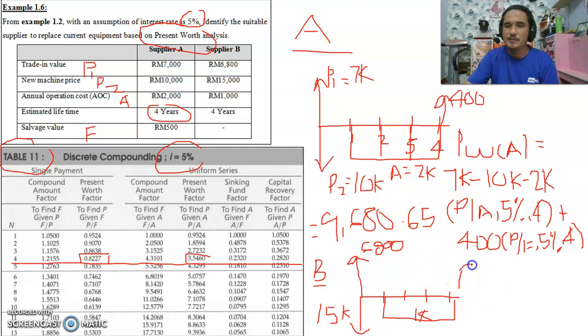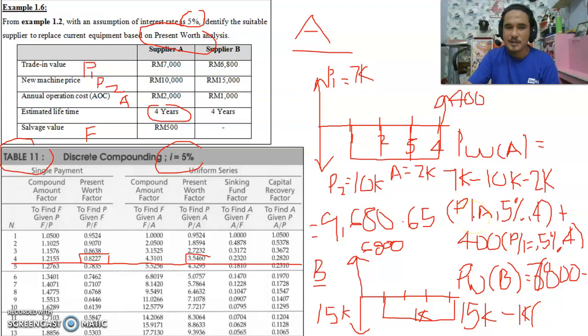Then the PW for B is 6,800 minus 15k minus 1,000 times P given A, 5% and 4 years, which is 3.546.